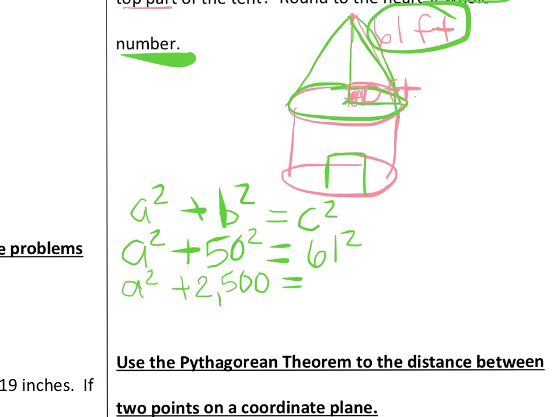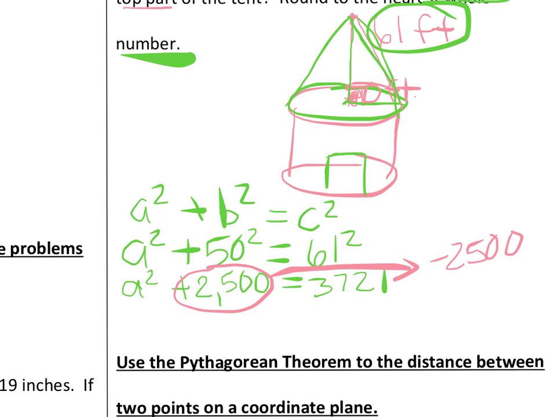And then I'm going to do 61 times 61. And that is 3,721. Now that I can't do anything else, I've got to move my like terms together. And remember to make it opposite when I move anything. So that's going to be minus 2,500. So I've got a squared is equal to 3,721 minus 2,500.